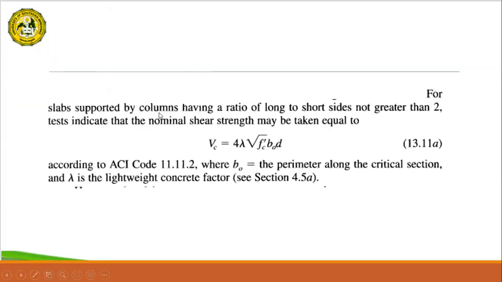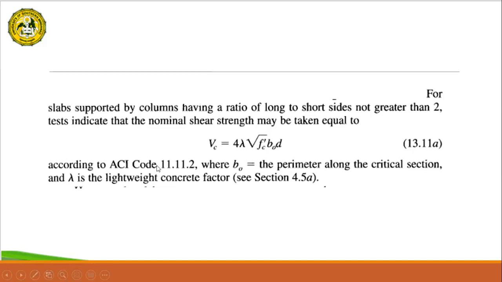Then for slabs supported by columns having a ratio of long to short sides not greater than 2, tests indicate that the nominal shear strength may be taken equal to this equation 13.11a. So we have here, this is in English unit.